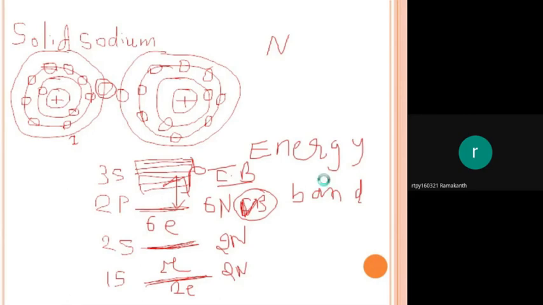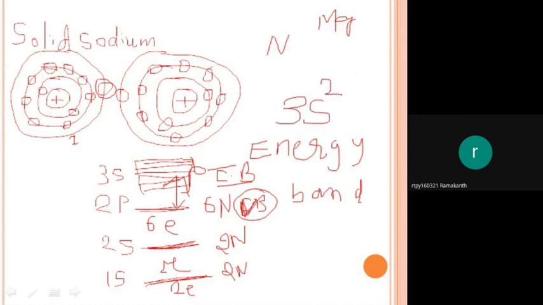If you take another example, let us take magnesium, whose atomic number is 12, with configuration 3s2.